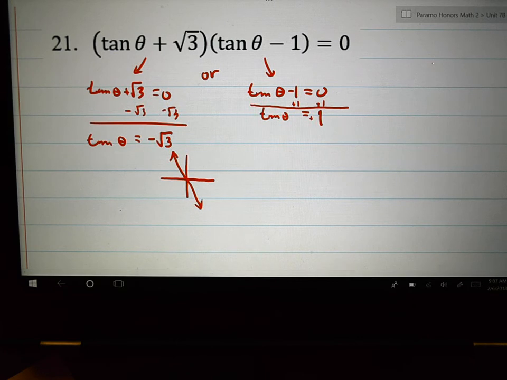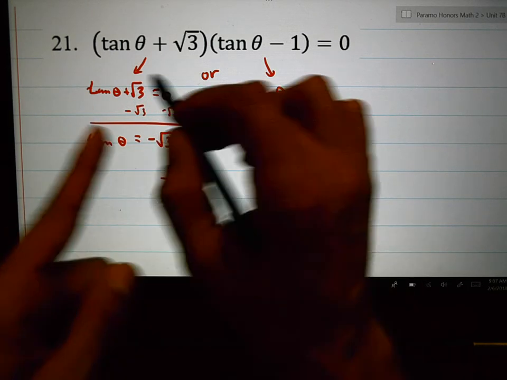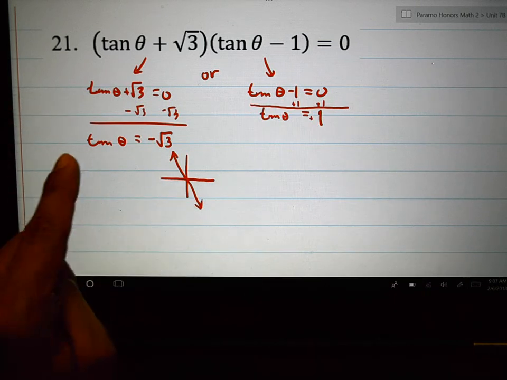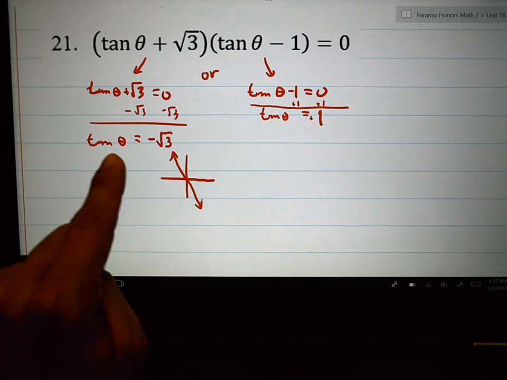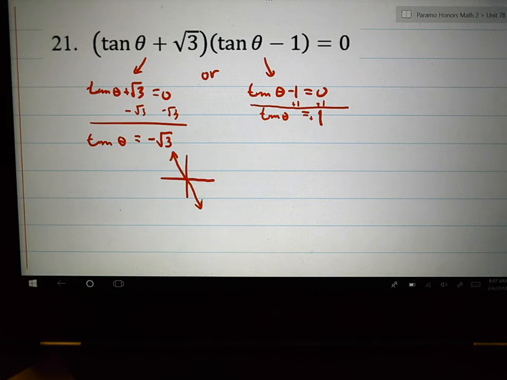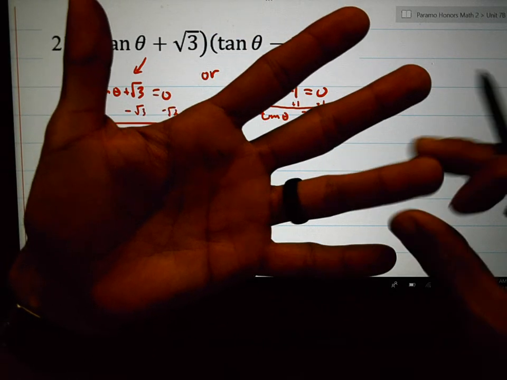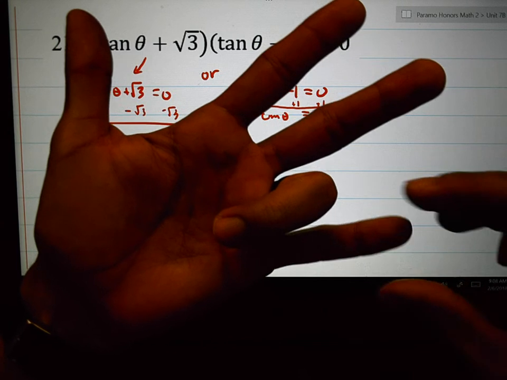So for this first branch, I need to find an angle in radians that is going to give me a root 3 for my ratio. The first trick is I need a sine divided by cosine that's going to equal root 3. I'm a hand trick person, so I go like this, and I go sine divided by cosine, 1 over root 3.